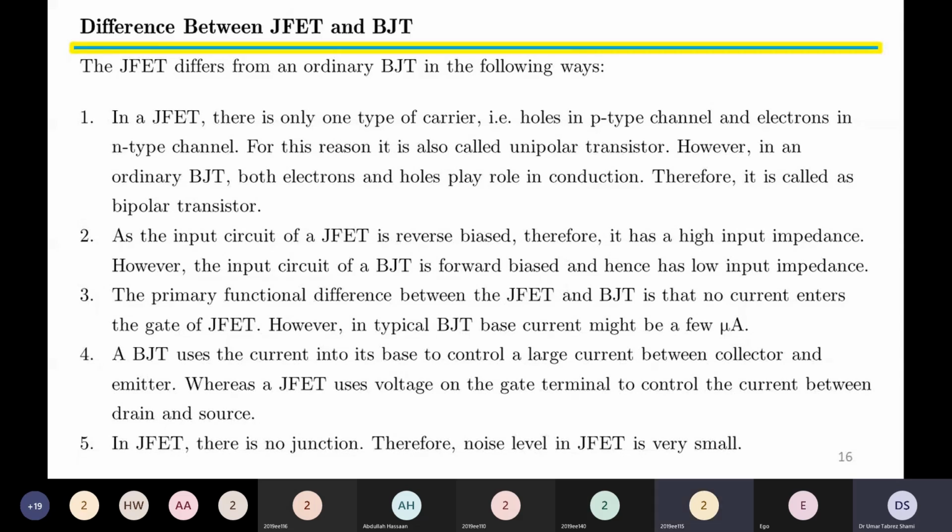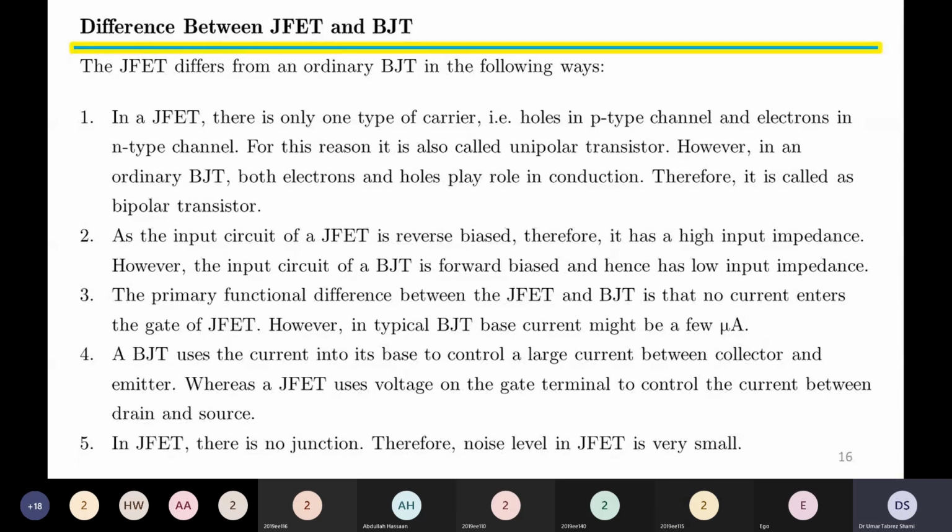In JFET, there is no junction, therefore noise level in FET is very small. What is meant by this junction? By the term junction, it means that there is no forward junction. Since there is no forward bias junction in the JFET, no current will flow. And this current can come from either the main source or from induced sources. If the junction current comes from induced sources, then it will be a noise level.